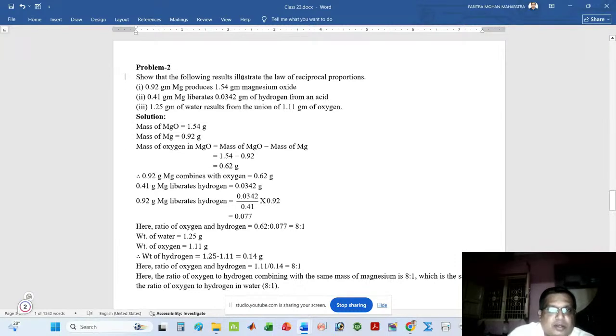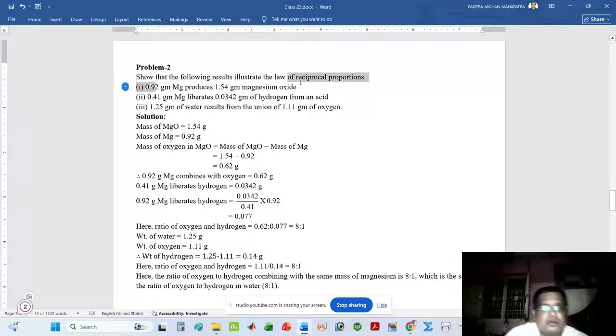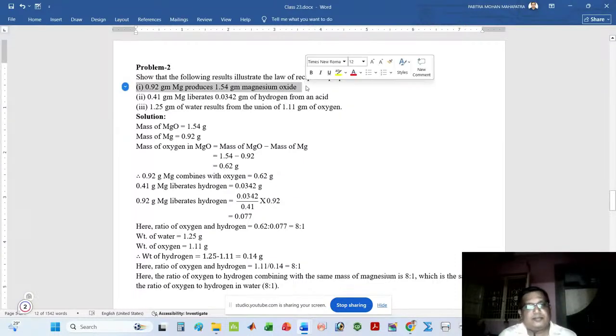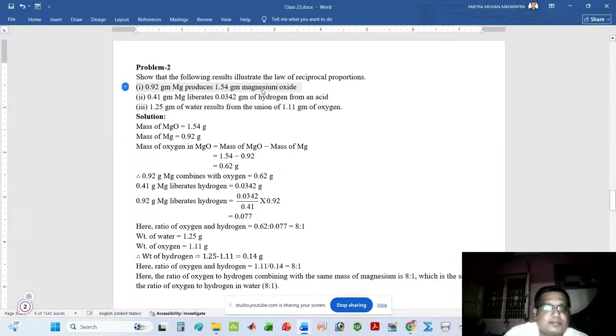So that the following results illustrate the law of reciprocal proportion. Here, 0.92 gram of magnesium produces 1.54 gram of magnesium oxide. This is one experiment. And the second is 0.41 gram of magnesium liberates 0.0342 gram of hydrogen from an acid.